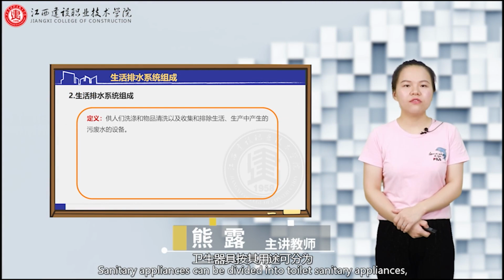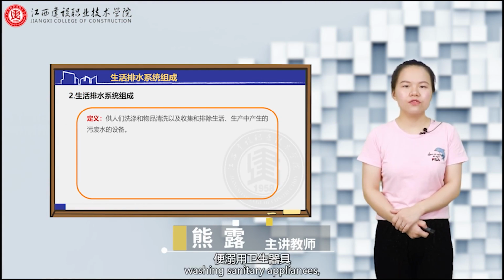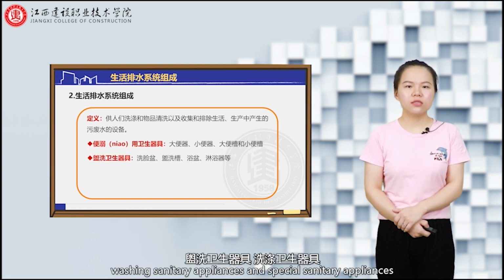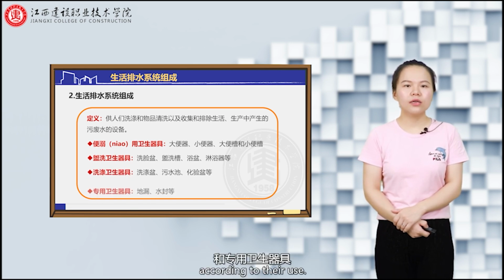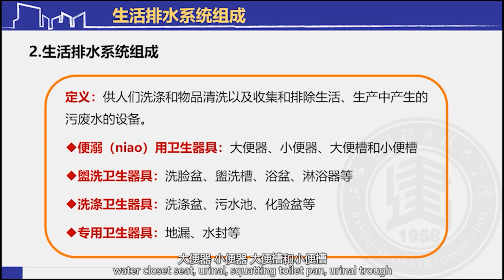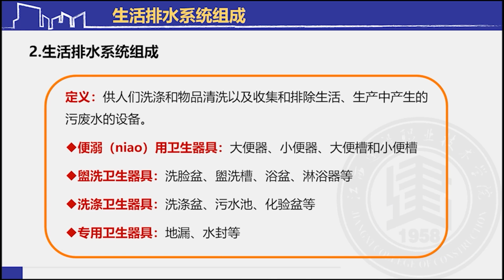Sanitary appliances can be divided into toilet sanitary appliances, washing sanitary appliances, and special sanitary appliances, according to their use. Toilet sanitary appliances include water closet seat, urinal, squatting toilet pan, urinal trough.